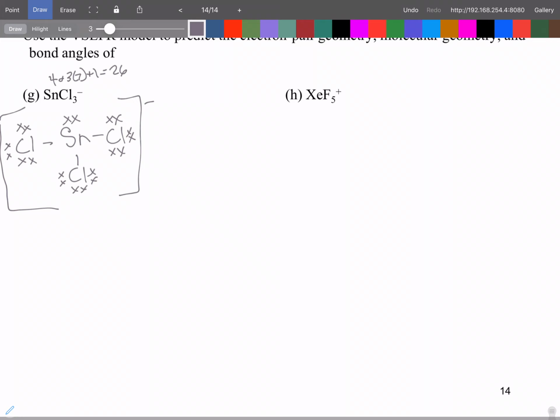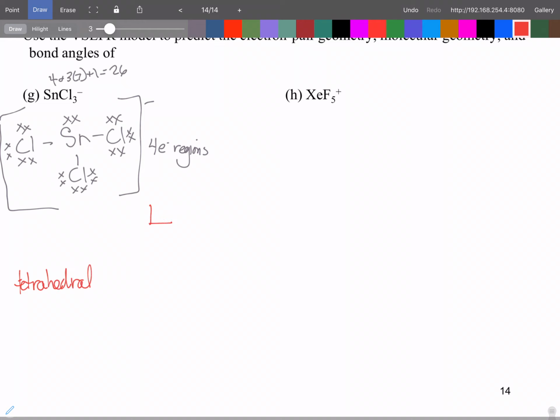So when we look at it, we've got 4 electron regions. And if you don't see that, that's 3 single bonds and 1 lone pair. So again, we come into the electronic structure, the molecular structure, and the bond angles. If we have 4 regions, electronically, it's tetrahedral.